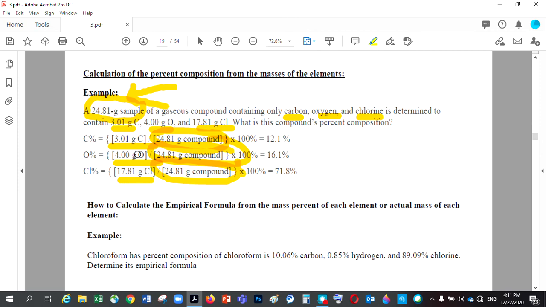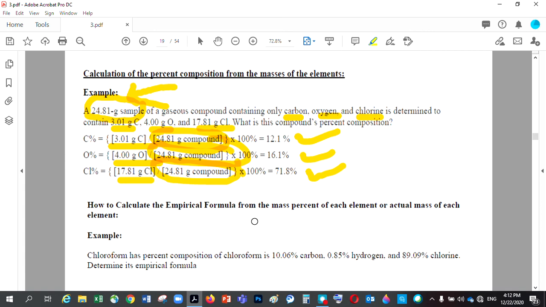You divide the mass of each individual element by the mass of the total sample, multiply by 100, and you get the mass percentage of each element. So carbon is 3.0 grams divided by the total, 24.81 grams, multiplied by 100, which gives you the percentage.